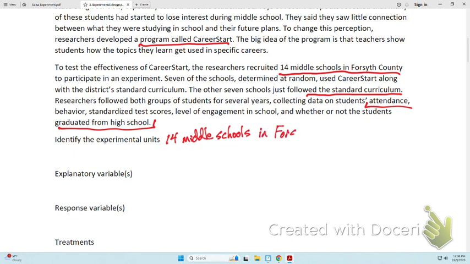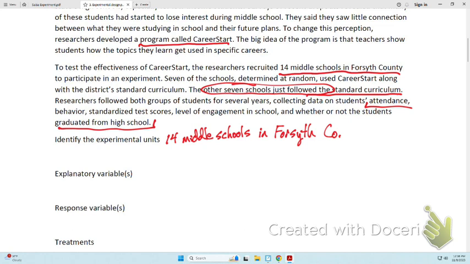Some were asking if the 7 that received the standard curriculum, these guys right here, if they're part of the experimental units, and I would say yes. The treatment group are the 7 that received Career Start, and then the 7 that received the standard curriculum, that's the control group. So that's breaking it down further.